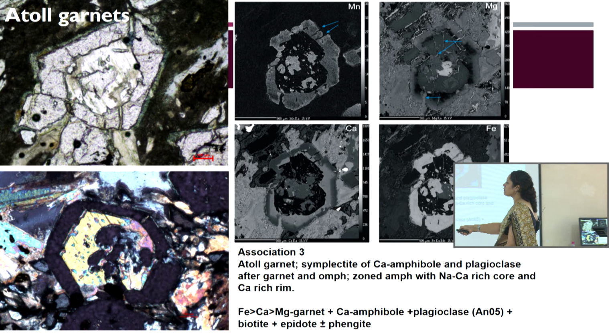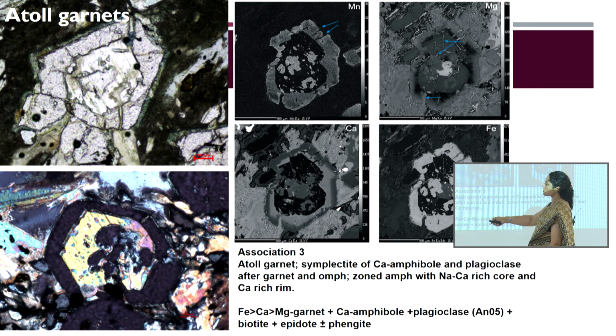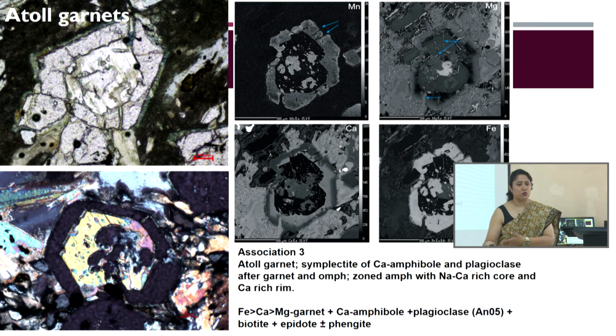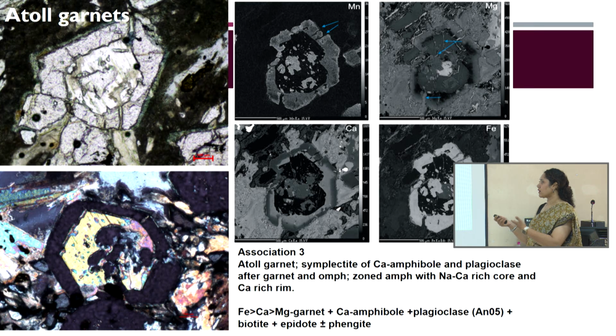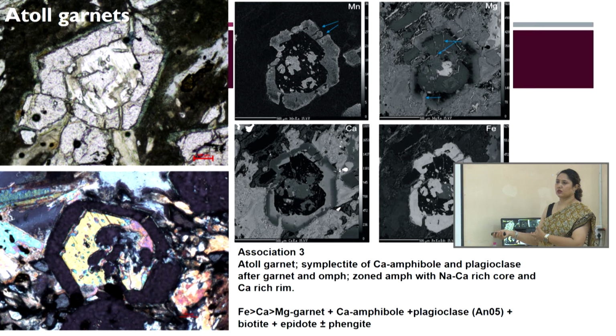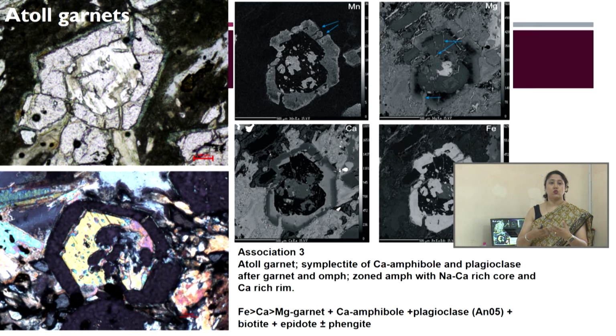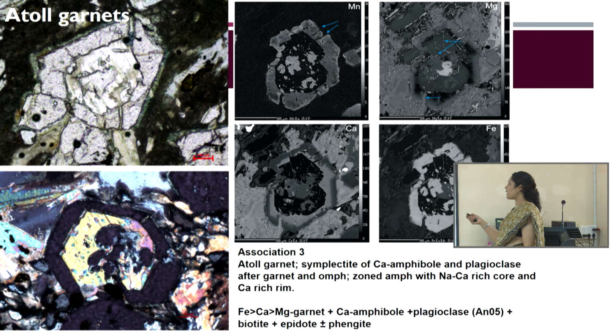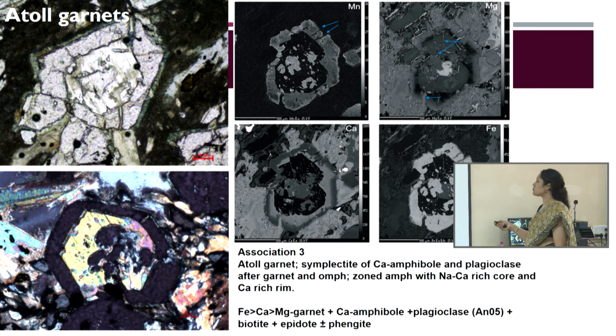And this was peculiar because there was not a lot of information at that time, at least when I started the work. I didn't know why this is happening, whether it's a UHP stage formation or it's post UHP, no idea. But when you looked at backscattered, they also showed zoning.